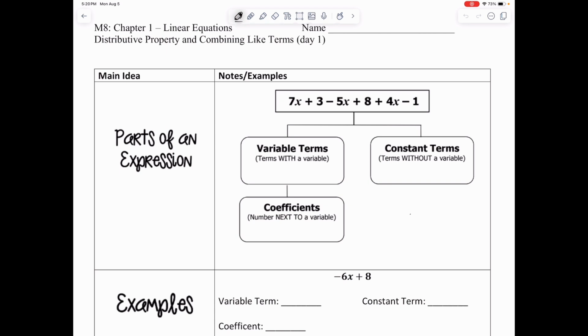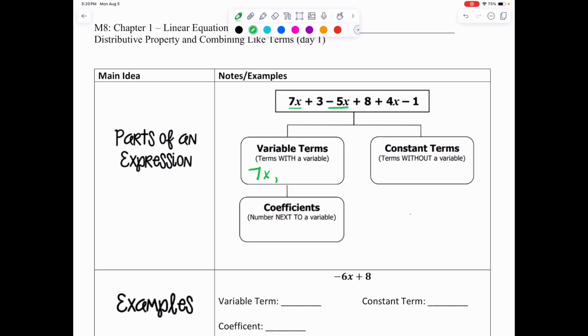So we'll start with variable terms. These are exactly as they sound. They are terms with a variable. If I use the example you see up top, 7x plus 3 minus 5x plus 8 plus 4x minus 1, I'm going to identify all the terms that have a variable in them. 7x is a term with a variable.